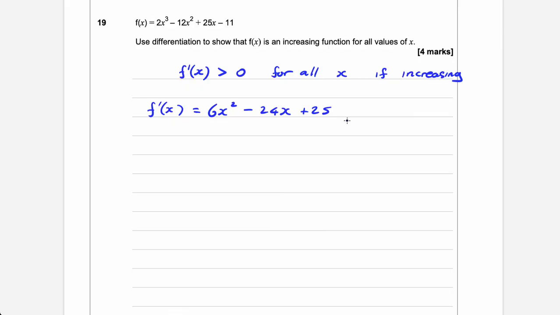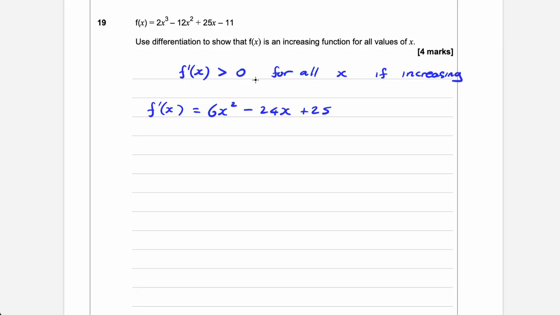Okay, so one thing I could do, guys, is my first thought would be to factorize this and show that it's a square, because that shows that it's greater than or equal to 0, since a square number is greater than 0, apart from 0 itself. But this doesn't actually square, because 6 is not a square number. So my next thought is to complete the square.